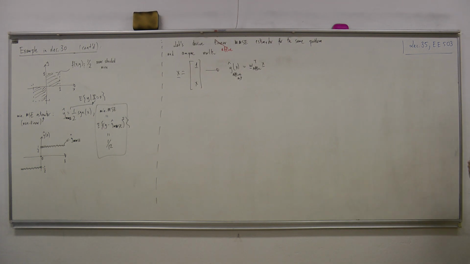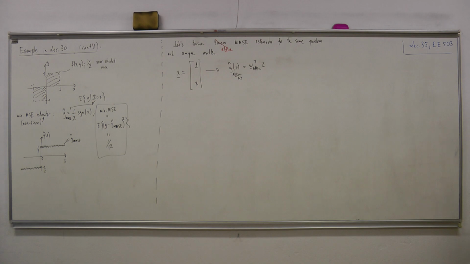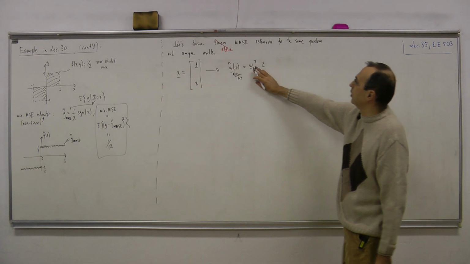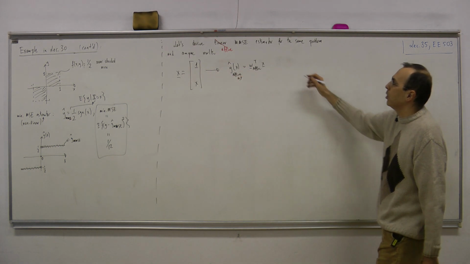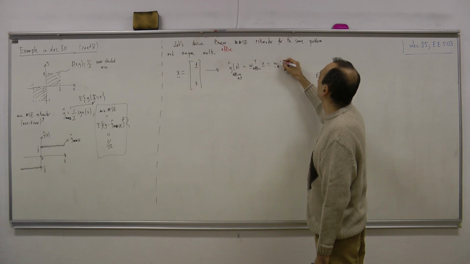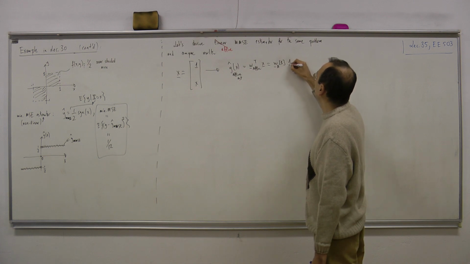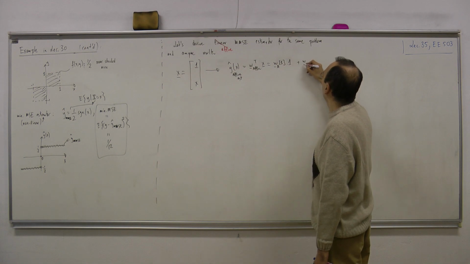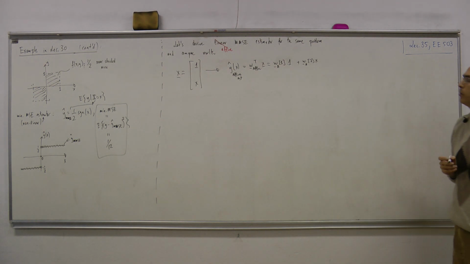So W is a vector of linear combination weights, and I'm processing these weights with the observation vector, and this will be my estimate. What kind of processing is this? W affine's first element times 1, plus W affine's second element times x, will be our estimate.